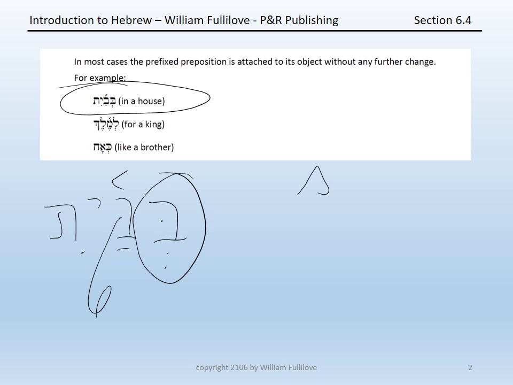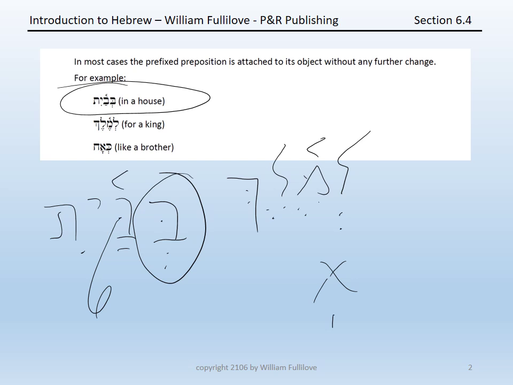If you have the Hebrew segolate melech, and you wish to say, instead of saying a king, for a king, you attach the preposition la to the beginning of the word, and no change is necessary beyond that. Le melech, for a king.